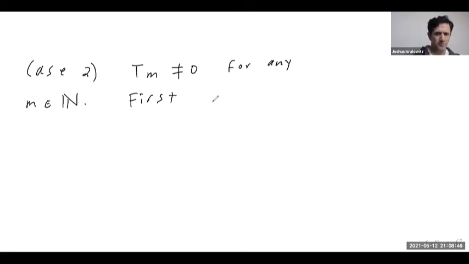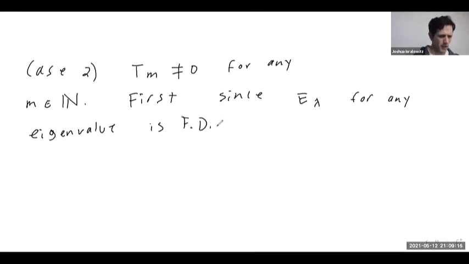First, since E_lambda, remember, is the eigenspace of T for any eigenvalue lambda, we proved that this is finite dimensional. So in other words, what does that mean?